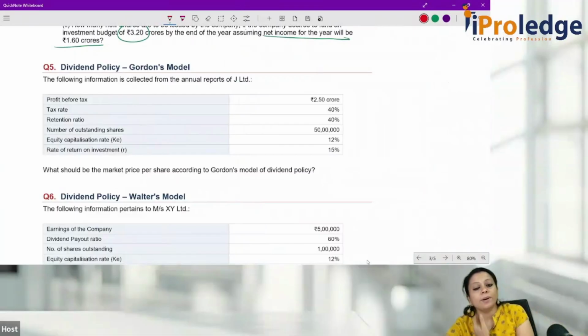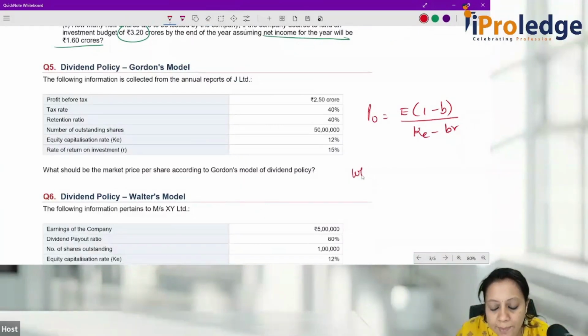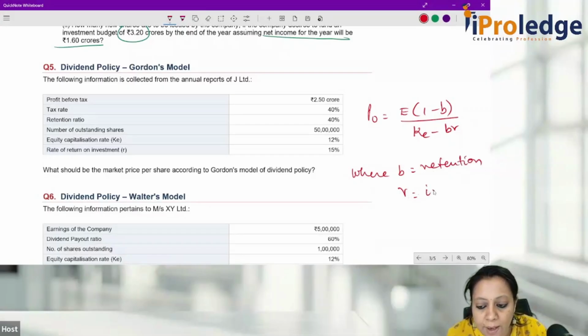Now, what is Gordon's model? Let us understand. Gordon's model is saying P0 is equal to E into 1 minus B divided by KE minus BR, where B is equal to retention and R is equal to IRR, internal rate of return.